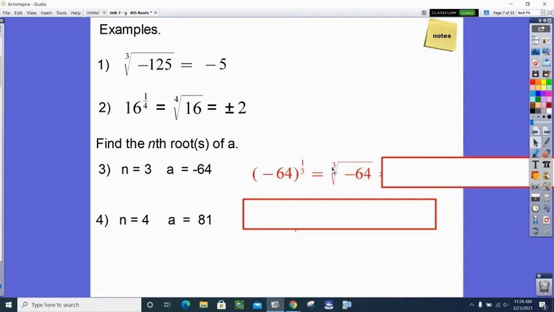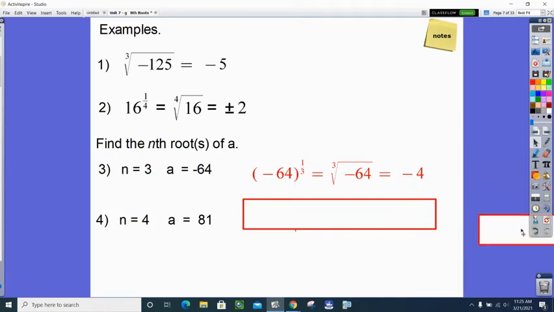So now it's an odd root of a negative, what would your answer be there? You should have only gotten one answer. What number raised to the third power gives me -64? There's only one answer. Again, one answer when there's an odd root. You should have gotten -4. -4 raised to the third power is -64. How about if you try this one on your own?